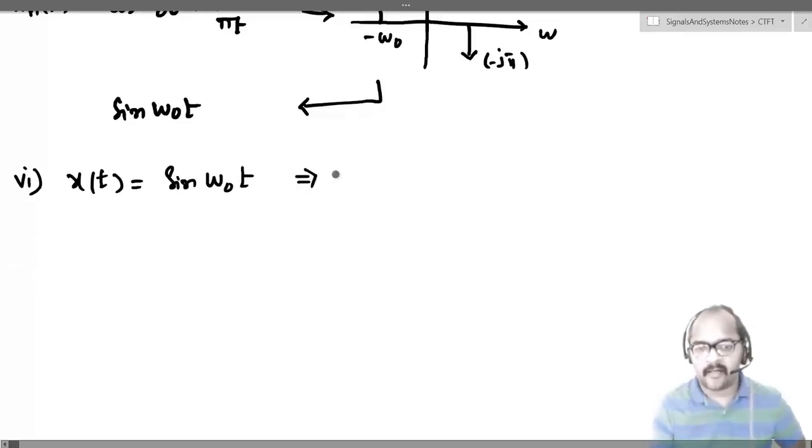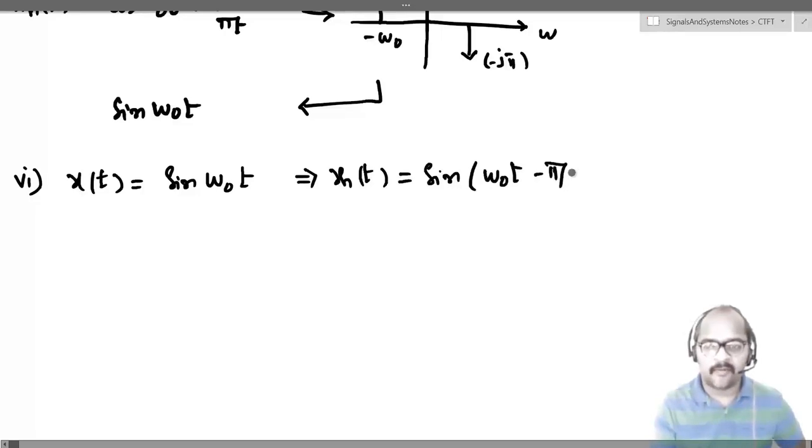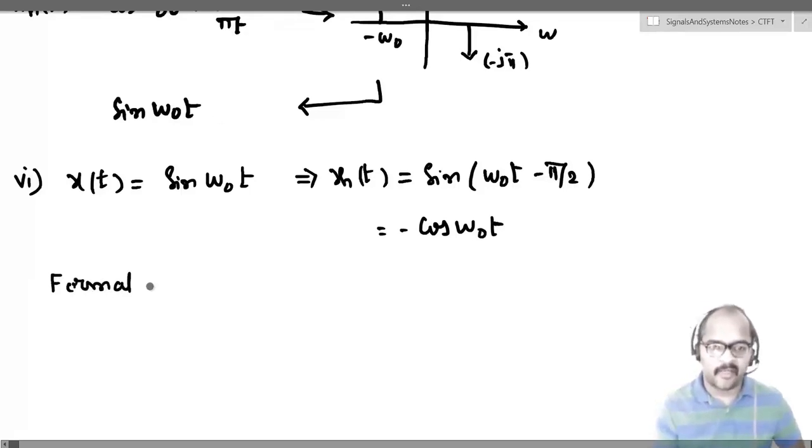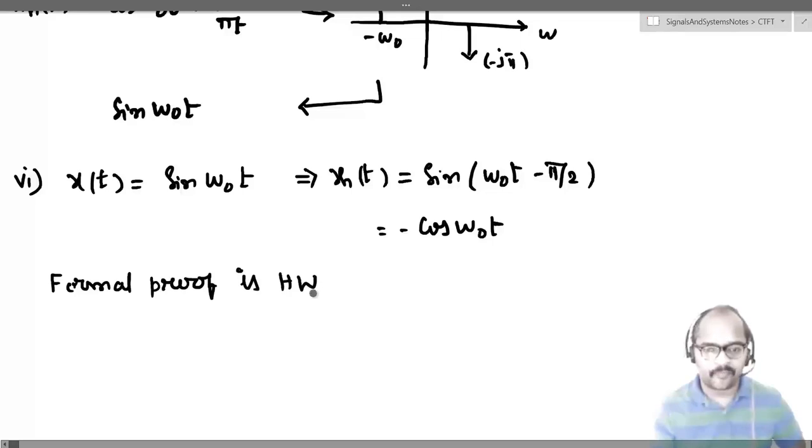Again, if you are smart, our xh of t would be equal to sine of omega naught t minus pi by 2, which would be equal to minus cos omega naught t. The formal proof I will leave as homework, just like we have done in the above example.